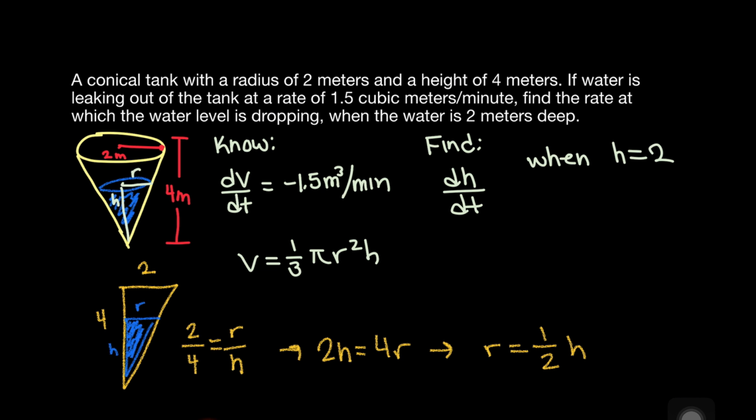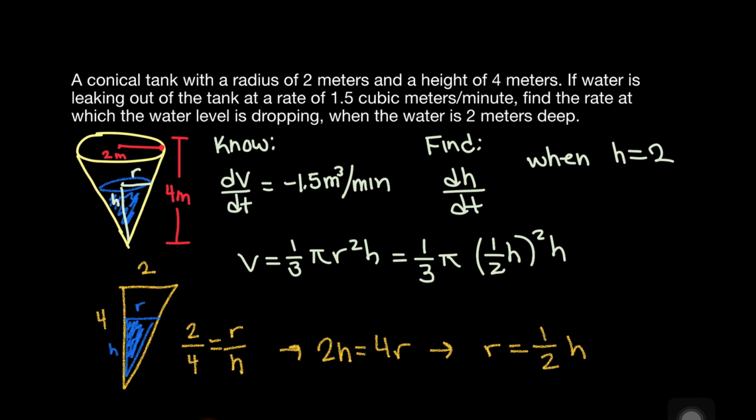And then I can solve this. I could cross multiply. 2 times h has to equal 4 times r. And I can solve for r by dividing both sides by 4. I get r equals 2 over 4, or a half h. So for this little blue triangle, the radius is always going to be half of the height.